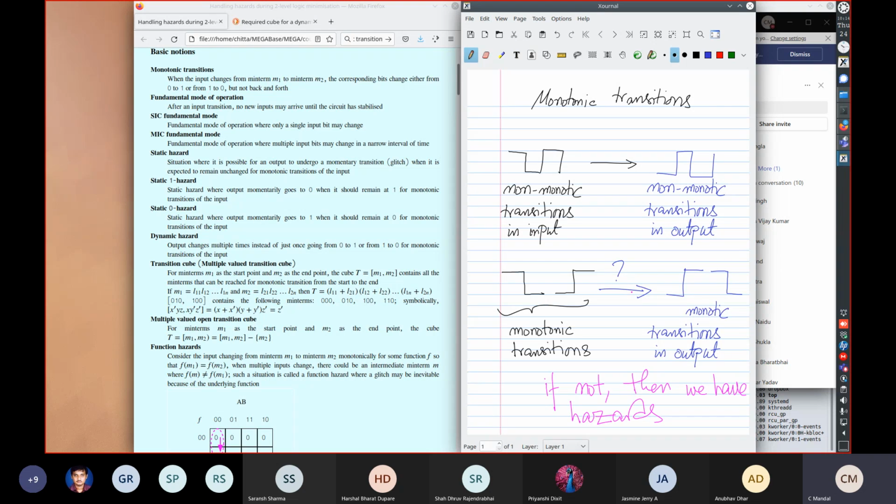So what are hazards then? Hazards are basically undesirable transient changes.